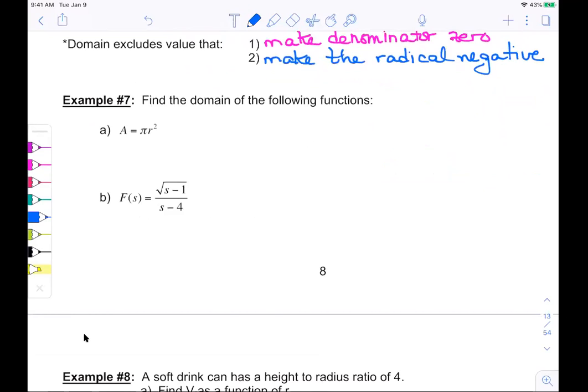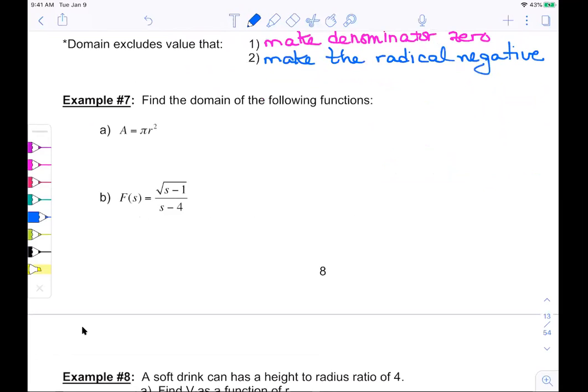So the directions say find the domain of the following functions. And if you look at letter A, it says A equals pi r squared. What is this function talking about? A equals pi r squared. Area of a circle.